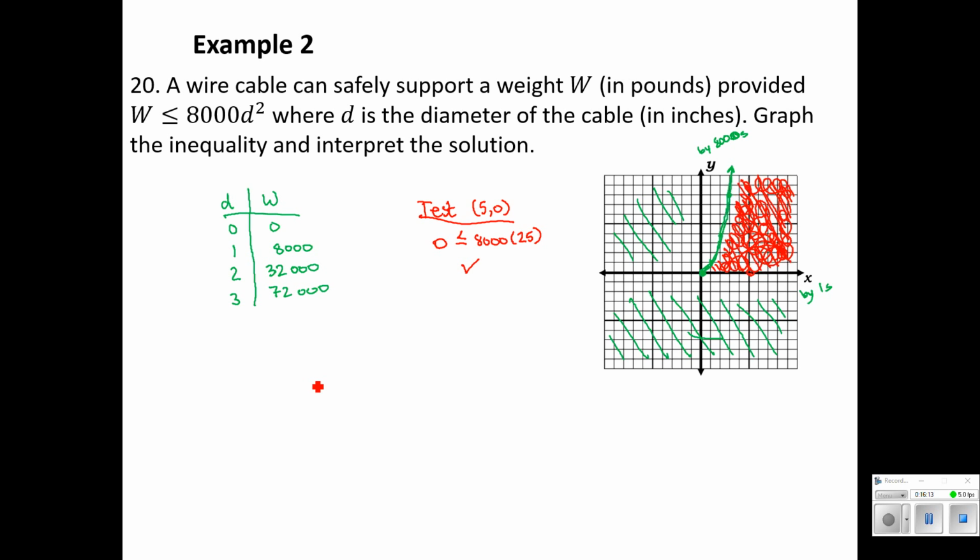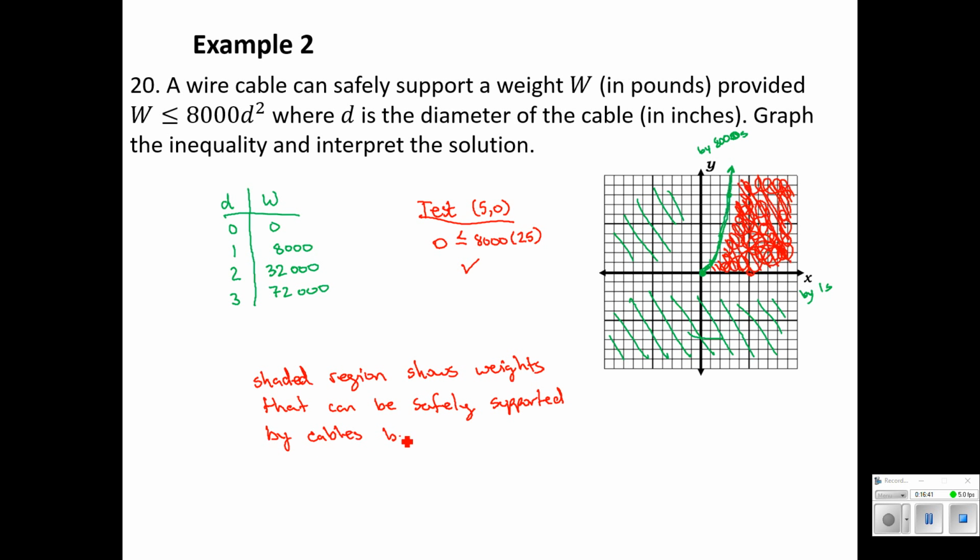So the shaded region shows weights that can be safely supported by cables based on their diameter.